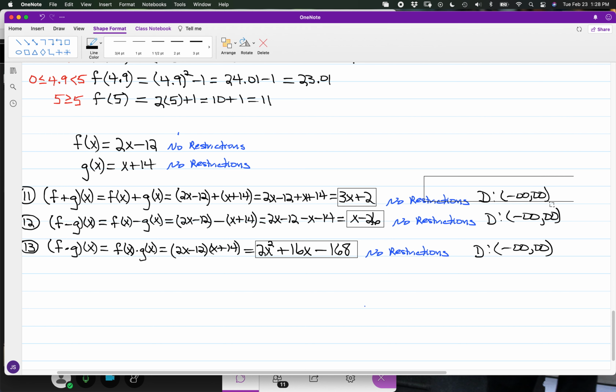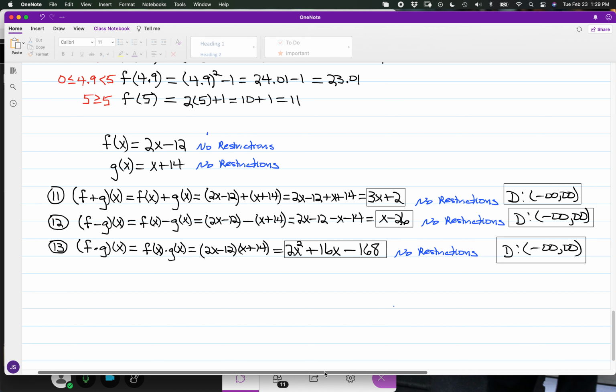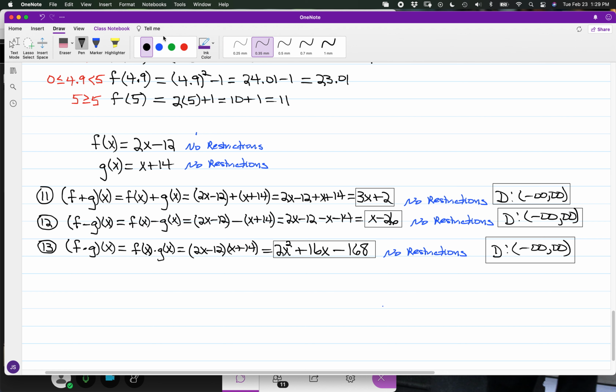And again, the quotient function, okay, because we do not have the allowance of a zero-value denominator, there is that possibility that the quotient function can have a domain that is distinct from the other operations. And so for what we have in the case of f over g of x, okay, so you have f of x over g of x.